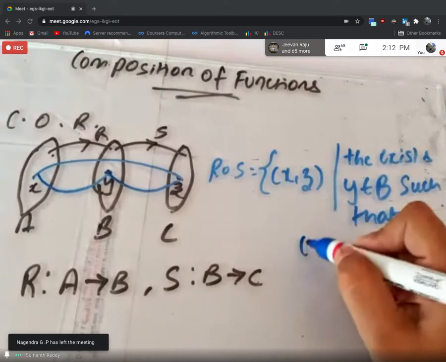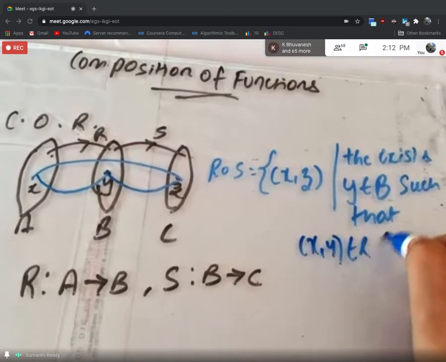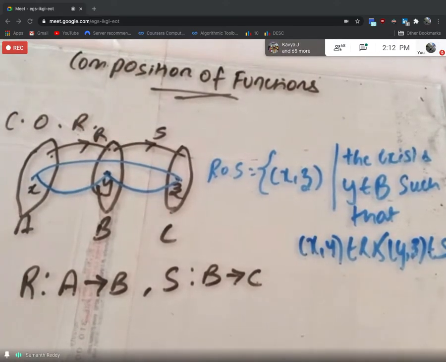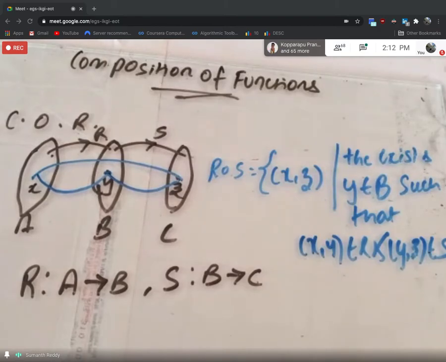Such that X comma Y belongs to R and Y comma Z belongs to S. Okay, correct, right? So this is the definition that I have told for composition of relations. Correct, students? So you should not get confused when I teach you the composition of functions. This definition is for composition of relations. Is it clear, students?